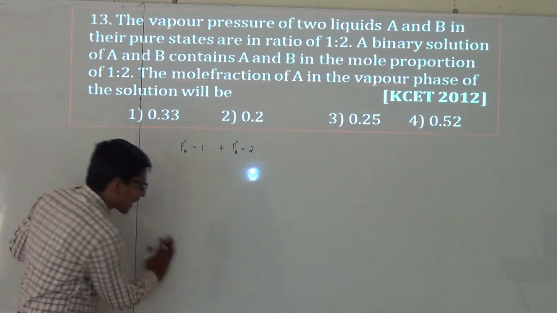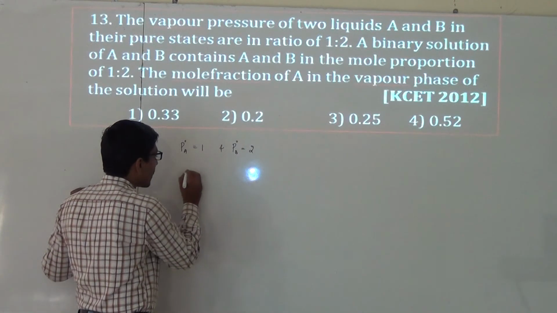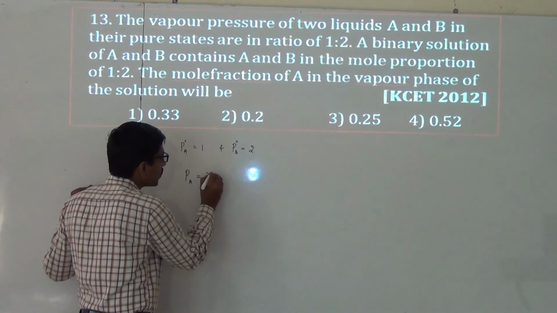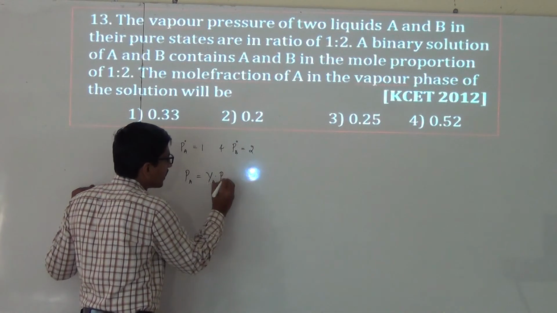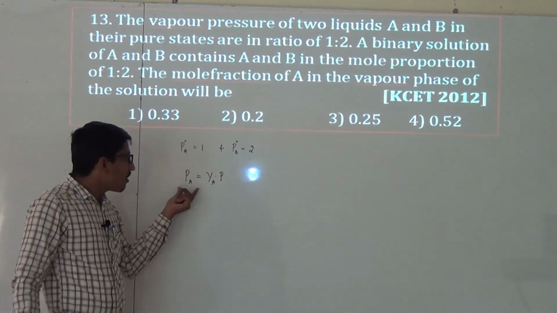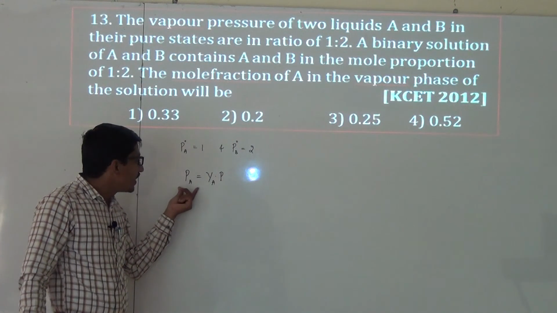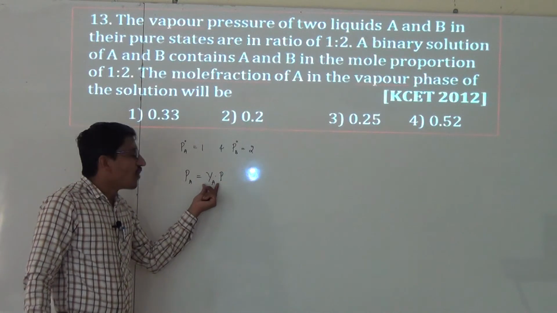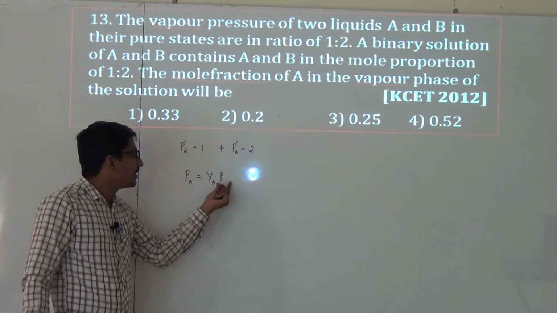Vapor phase mole fraction is calculated by using the formula PA is equal to YA into P, where PA is the pressure of component A in the vapor phase, YA is the mole fraction and P is the total pressure.